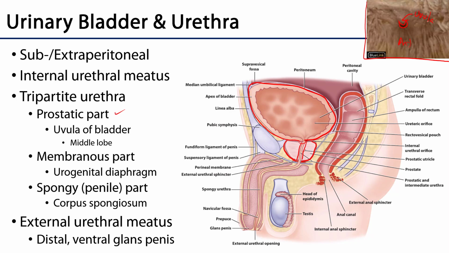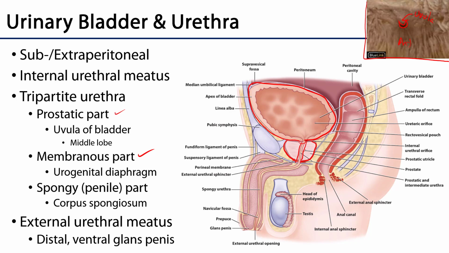kind of invaginating the urethra. Now, as the urethra moves through the muscular floor of the pelvis, it's going through the membranous part. So that's the urogenital diaphragm that it's traversing at that point. And then it enters the penis.